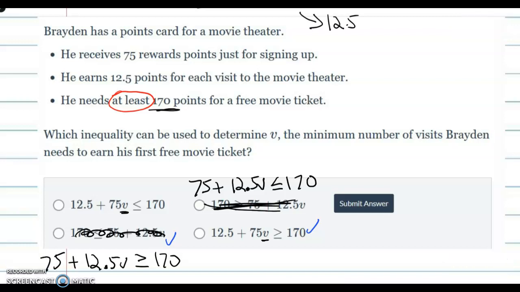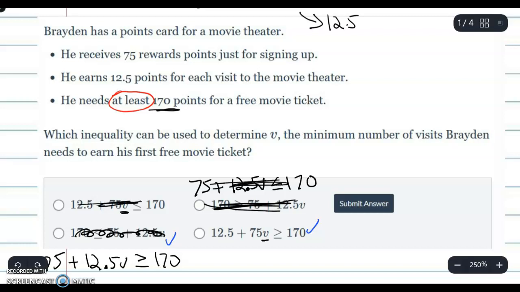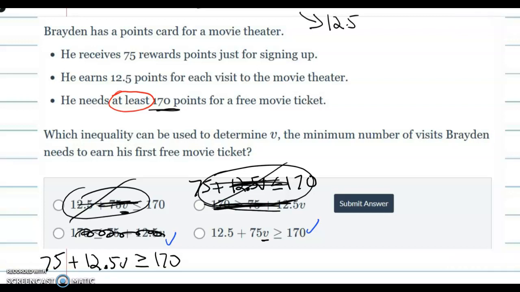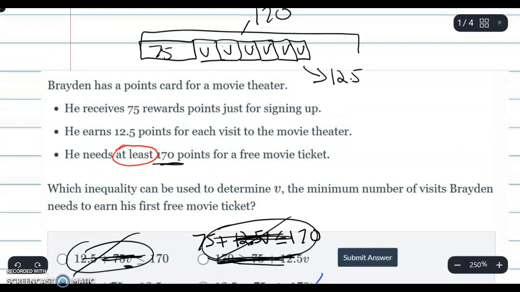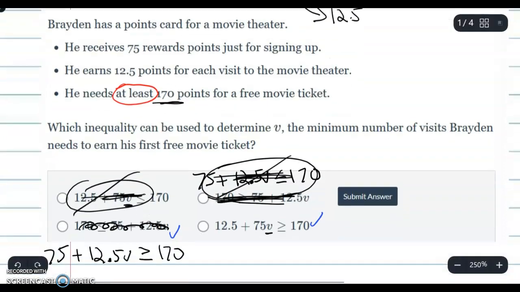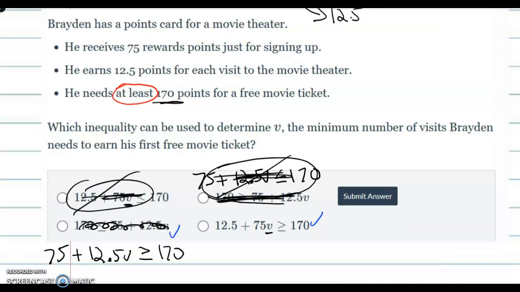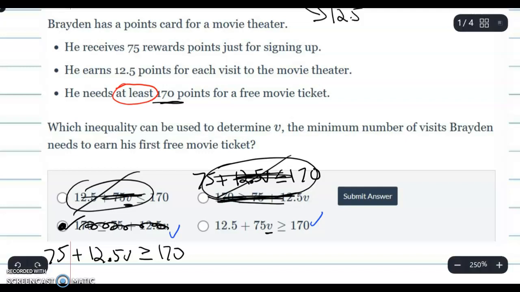Alright, so it's either this one or this one, right? These two that have less than won't be an option. So just eliminate those all the way around. So it's one of these two. Well, we're going to pick the one that has the 12.5 times the V. So the one that has 12.5 times the V is this one here. So that's the correct one.